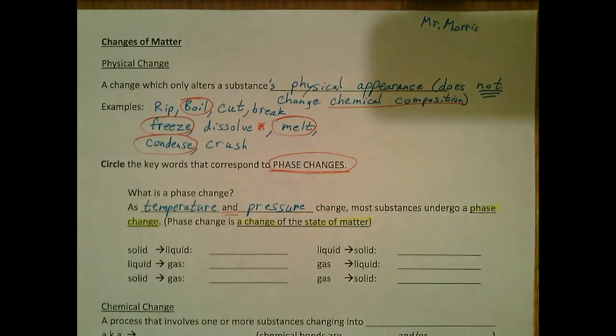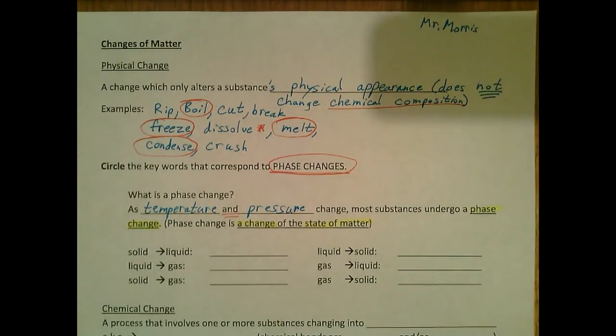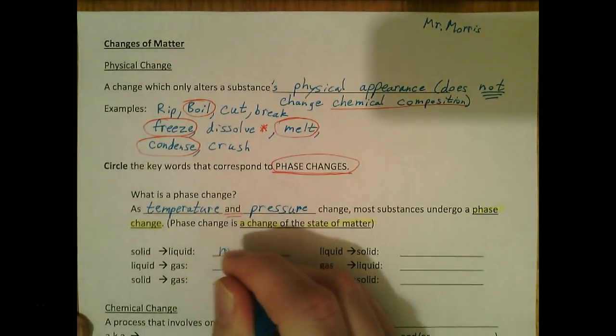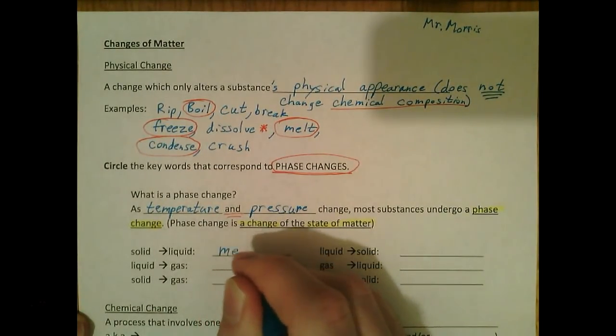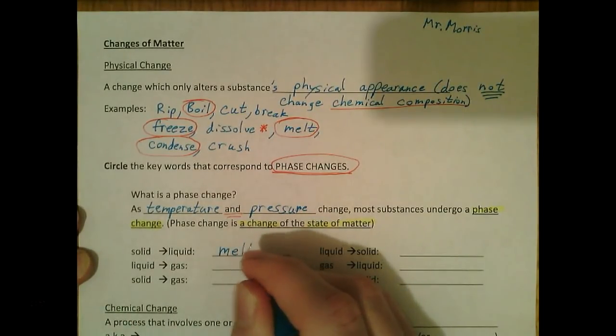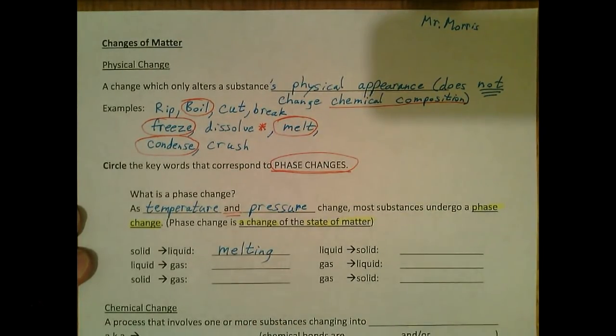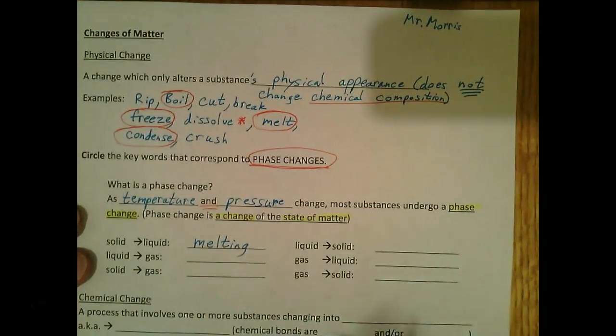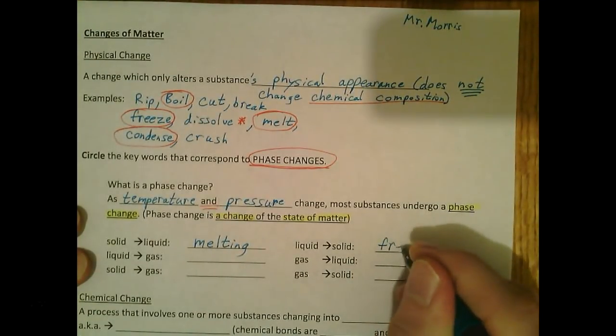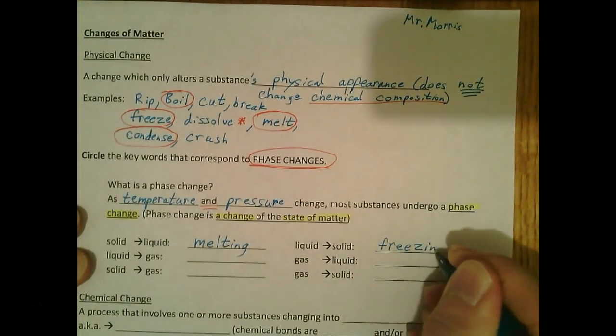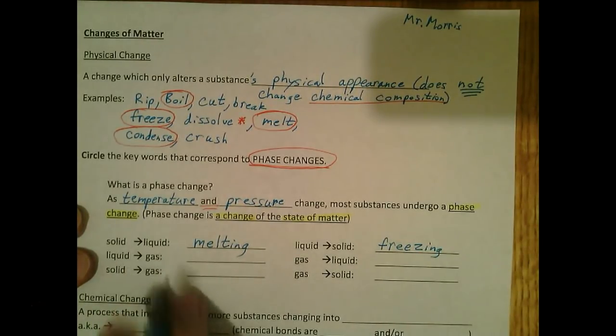So we've got a few different changes of state of matter. What would you call it if we're changing solid into liquid? I hope you identified that as melting. So if we were to change solid into liquid, that would be melting. What about liquid to solid? Freezing. Liquid to gas.